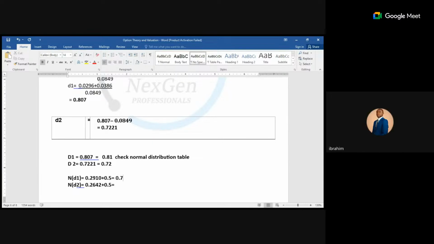Next, 0.764. So this will be your ND1 and your ND2.